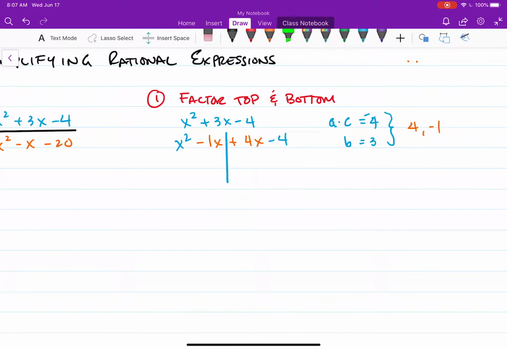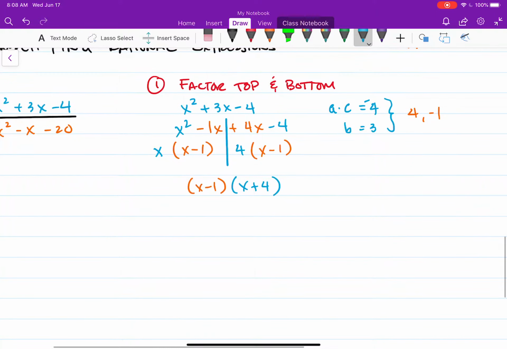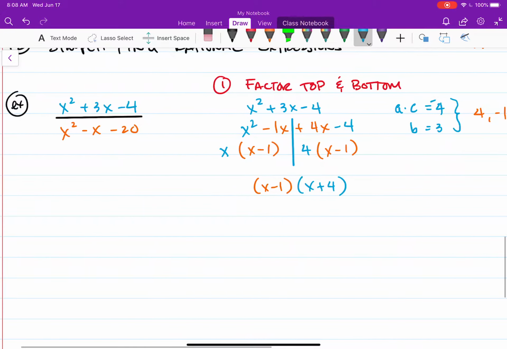So I want to cut down the center here, saying, okay, what's the GCF in my first group? And you're going to say an x, leaving me with an x minus 1. My GCF in the second group is 4, and that would leave me with also an x minus 1. So therefore, what's in common as a whole, x minus 1, and leave me with an x plus 4. So there's my factoring on the top side.